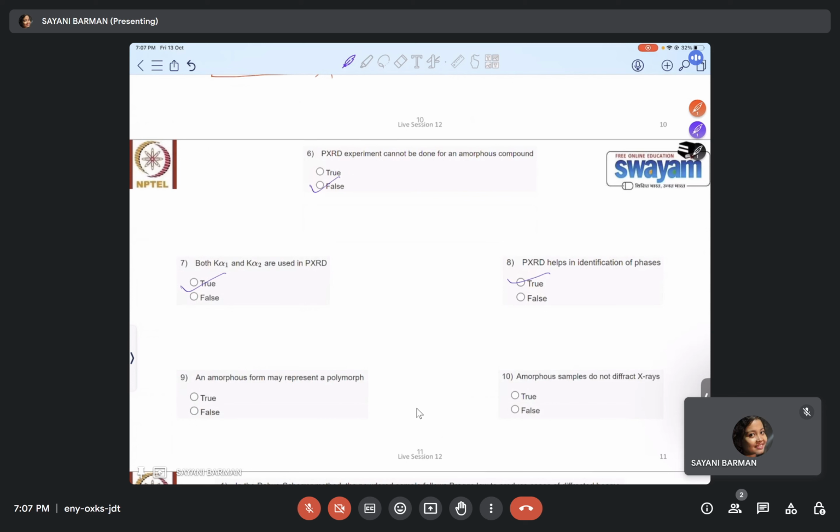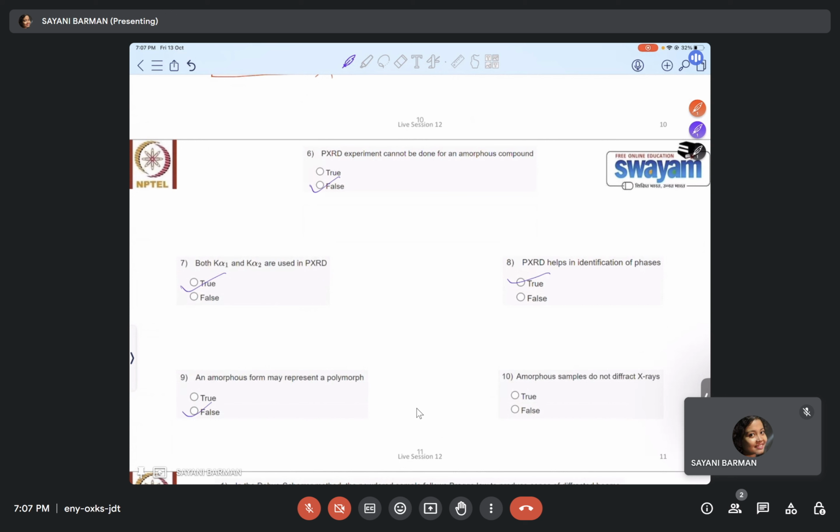Next one is: an amorphous form may represent a polymorph. No, a polymorph cannot be represented by an amorphous form, because a polymorph needs to be crystalline and stable, or exist in different crystal systems. So it has to be crystalline.